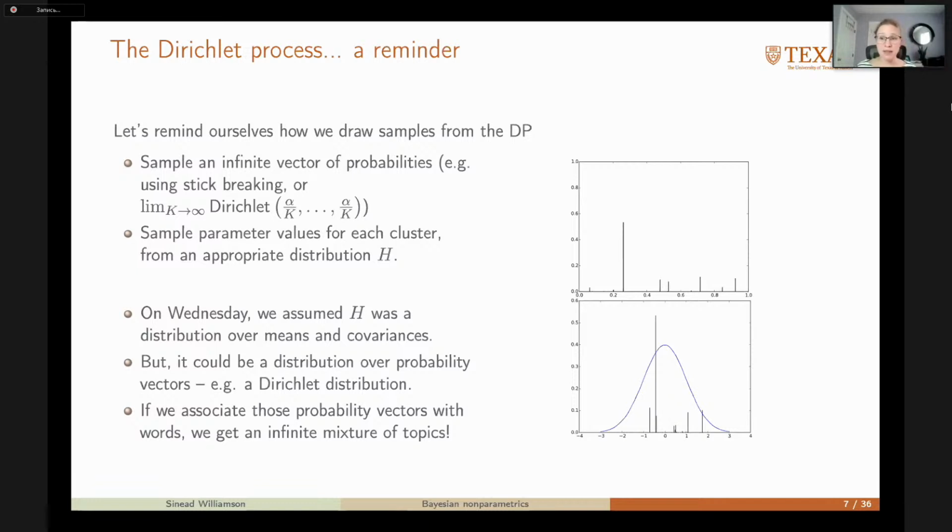So we can choose it to be a Dirichlet distribution. So for each component, we're going to sample a probability vector according to a Dirichlet distribution. And that's going to give us an infinite mixture of topics, right? Rather than each component being a Gaussian, each component now is a distribution over words, or a topic.